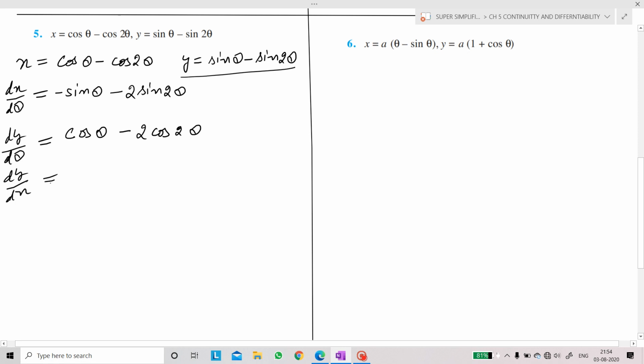So now students, I think we can further simplify this expression. In the first one, you can see minus sin theta and minus 2 sin 2 theta. So sin 2 theta can be written as 2 sin theta cos theta, and I can simplify this.